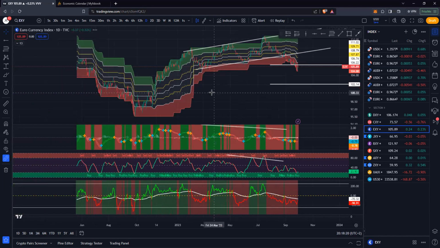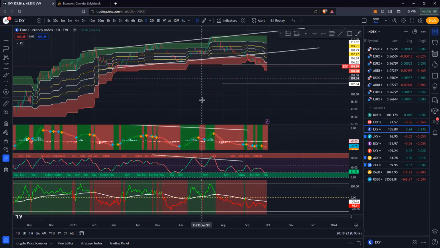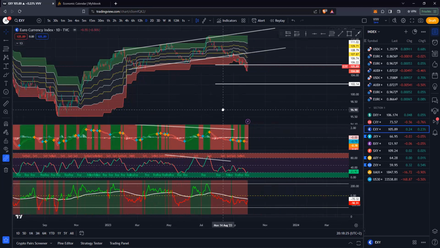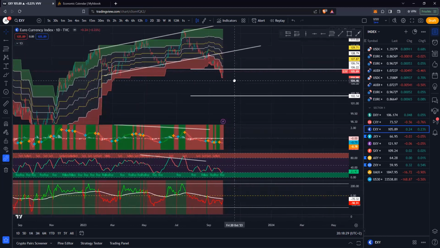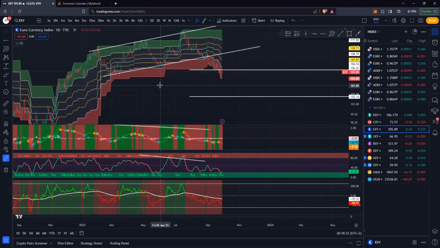Then we have the AXY. AXY, something similar than what we could see on the DXY, with difference that here we got a channel break, and here we are under the zero line.